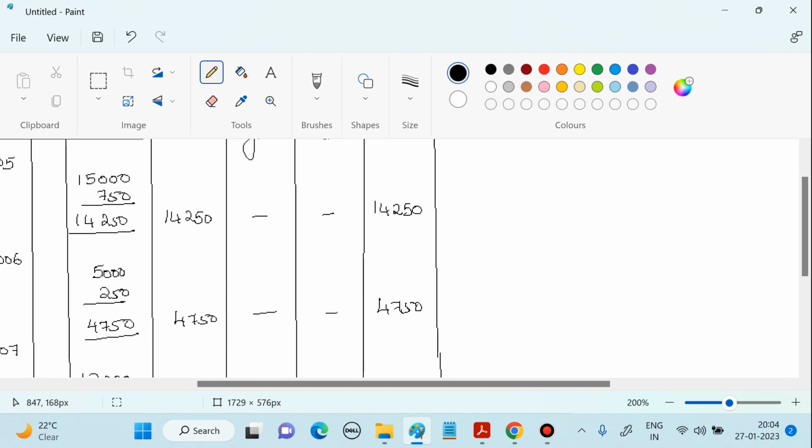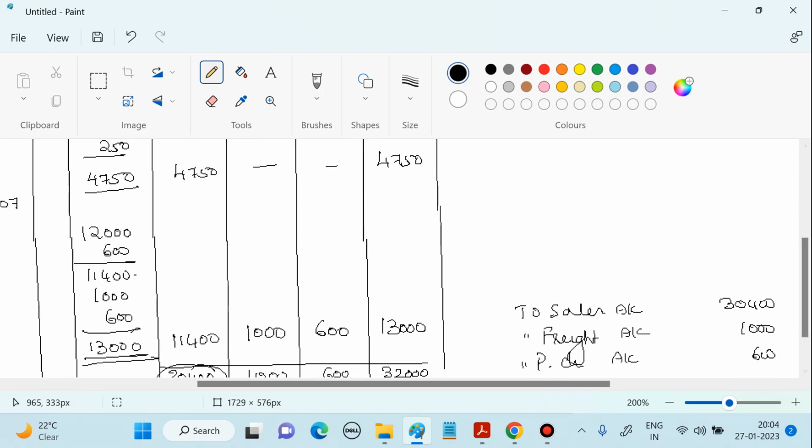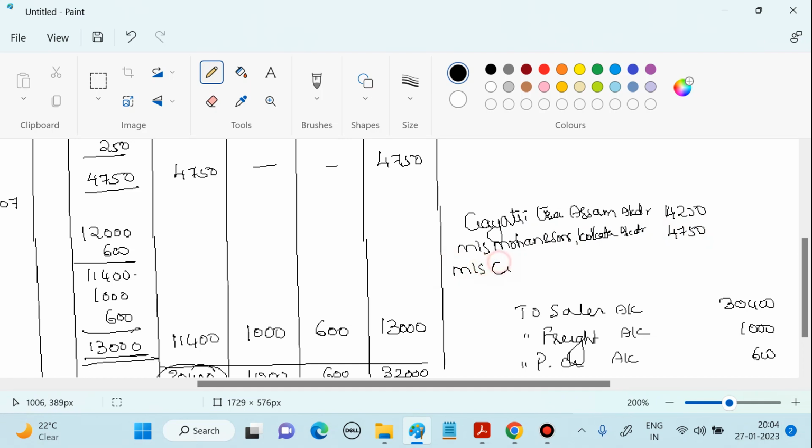debtors. That is Messrs. Gayatri T. Assam with 14,250. So you will write Gayatri T. Assam account debit 14,250. The second was Messrs. Mohan and Sons, Kolkata, account debit 4,750, and Messrs.